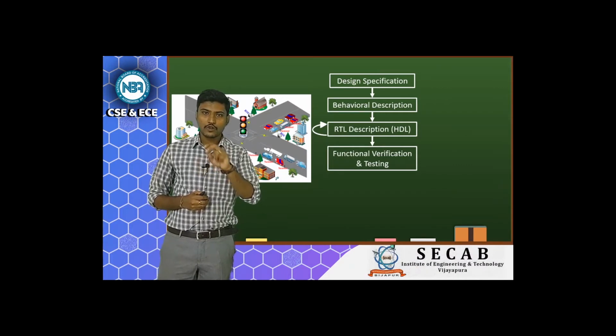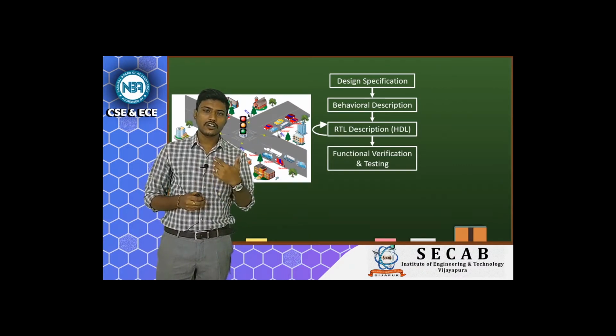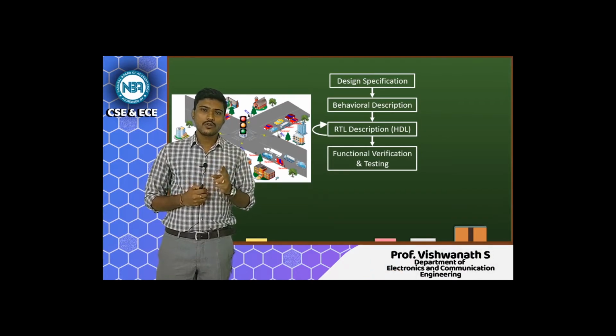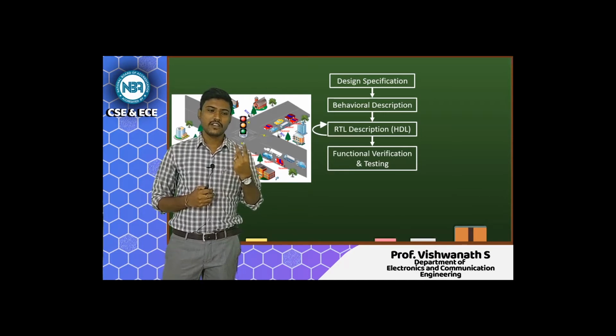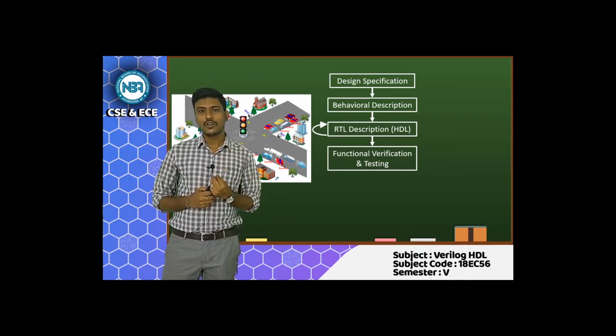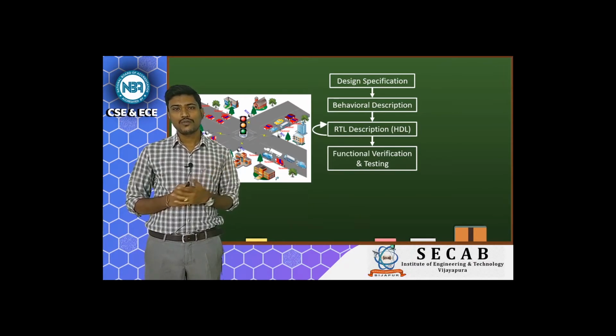Let us take an AND gate. A 2-input AND gate has 2 inputs. For 2 inputs, the maximum number of combinations I can get is 2 raised to 2, which is 4. So 4 different combinations.